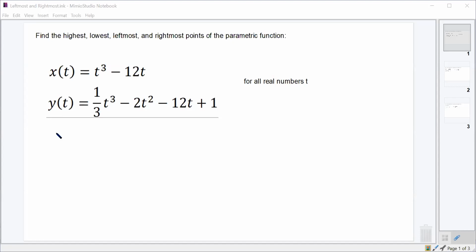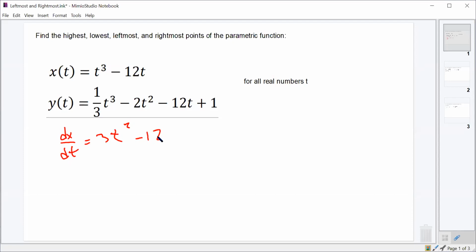Okay, so we need to find the derivative of x. So we're looking for dx dt to find the rightmost and the leftmost, right? Because dx dt will tell us at what t value x is at a max. So dx dt should be 3t squared minus 12.